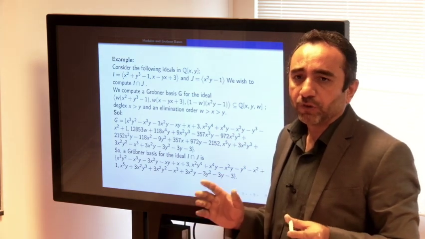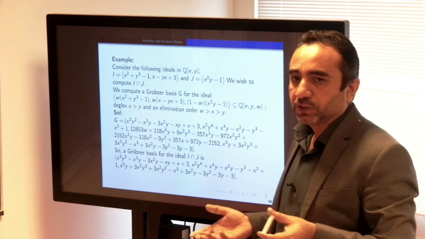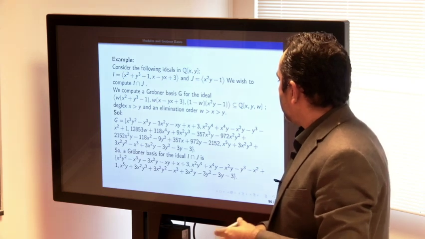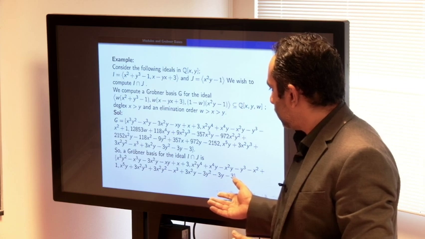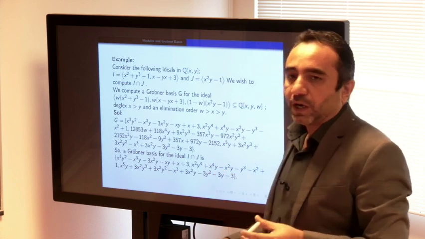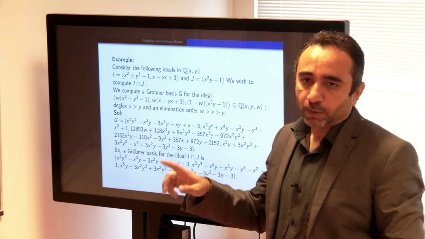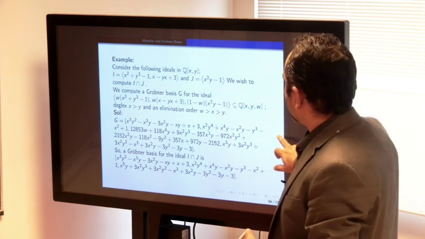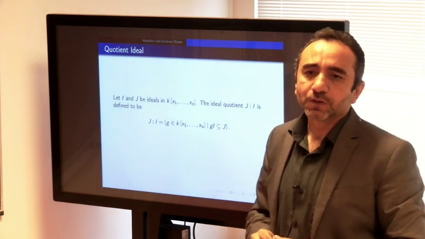In that example, you are given the ideal I, which has two generators, and the ideal J, which has one generator, and then you define w times I and 1 minus w times J. Then you compute its Gröbner basis using some algebra software, and when you take only the elements in x and y variables, eliminating the variable w, you get the factors which give you I intersection J.